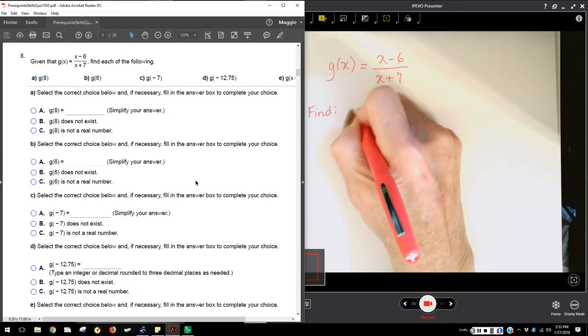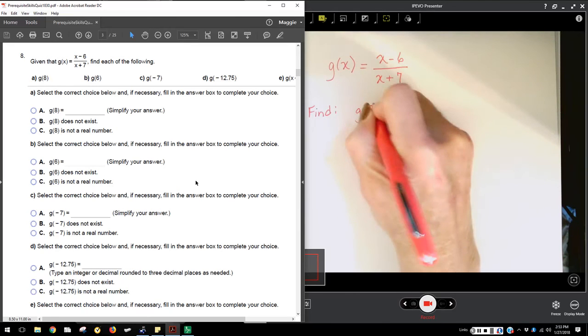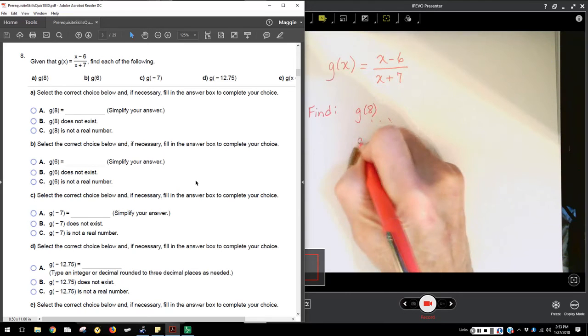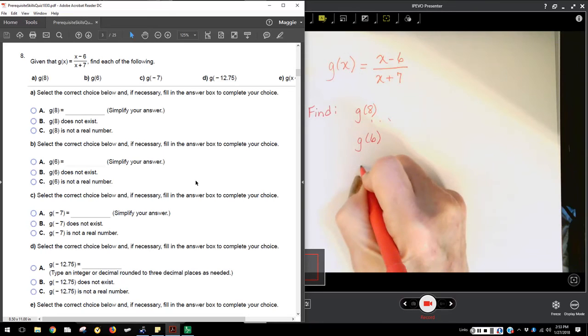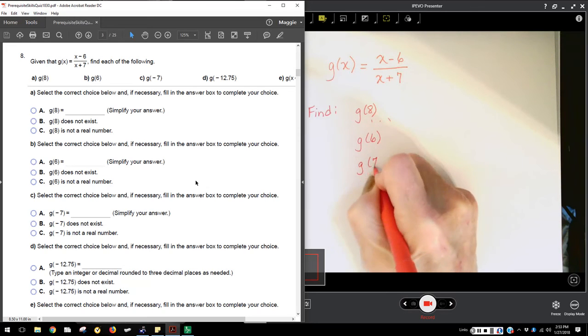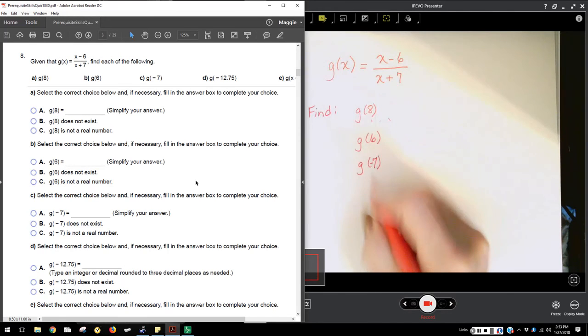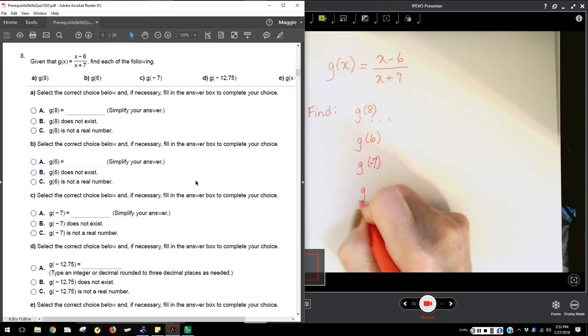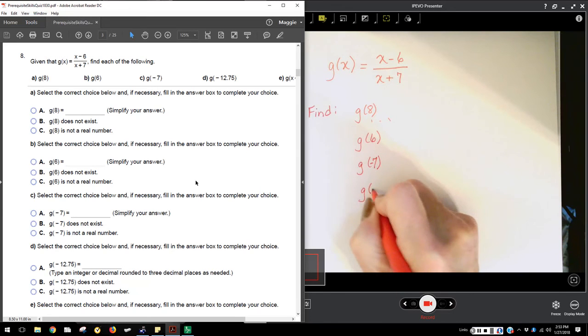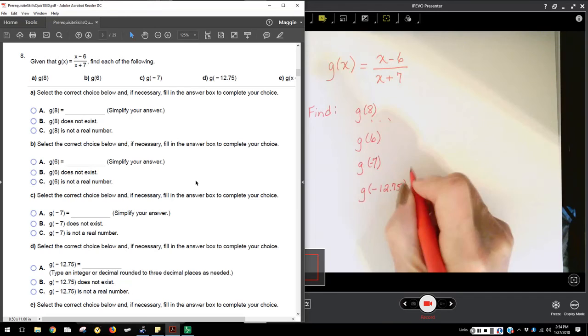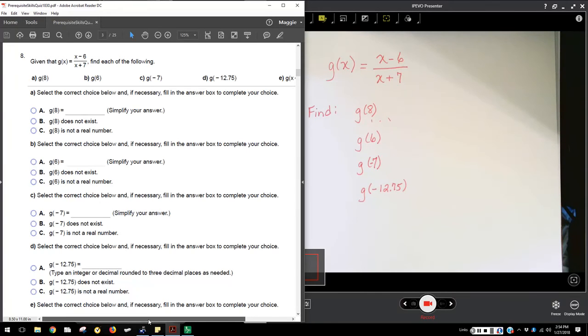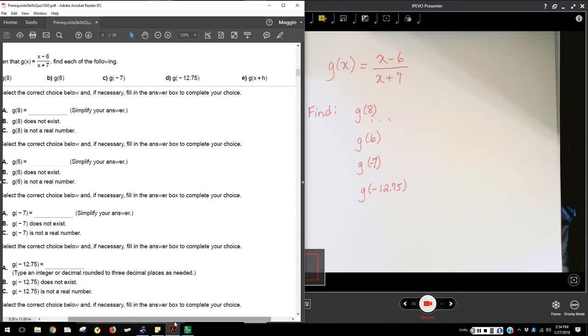So they want to find g of 8, g of 6, g of negative 7, g of negative 12.75, and then the last one is g of x plus h, I'm sorry.